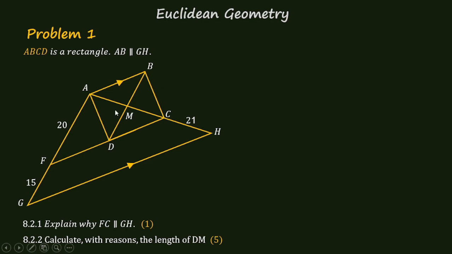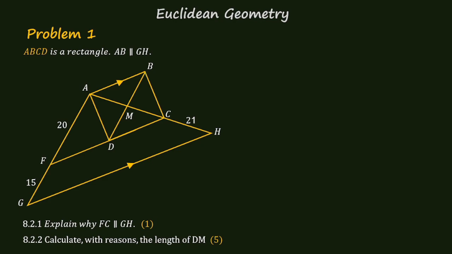BC will be equal to AD and they will be parallel to each other. The diagonals of a rectangle are equal in length. That means AC will be equal to DB.